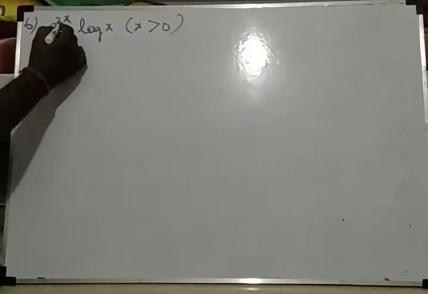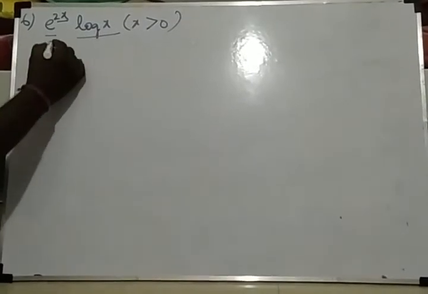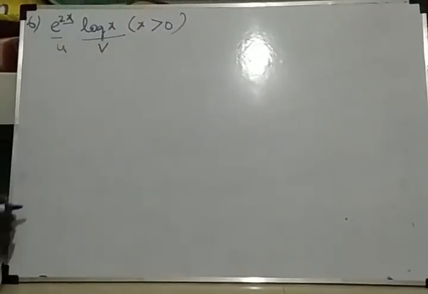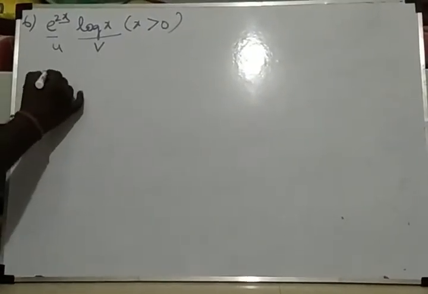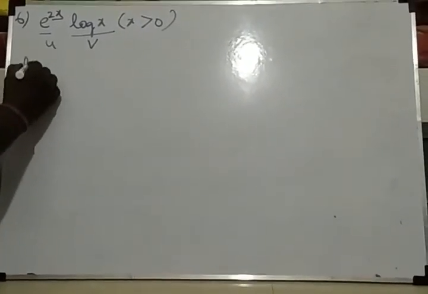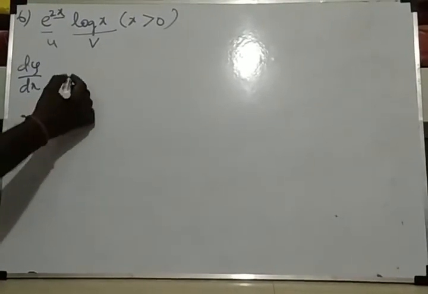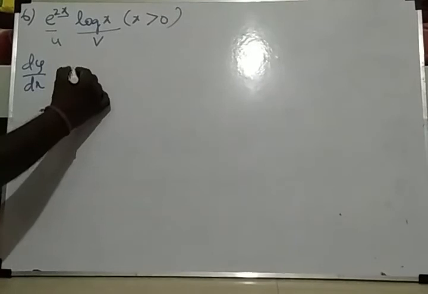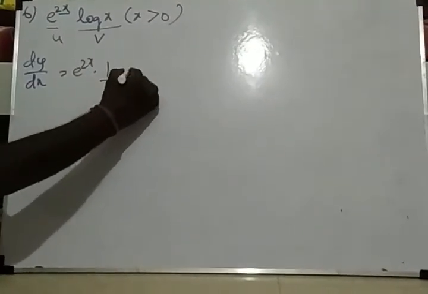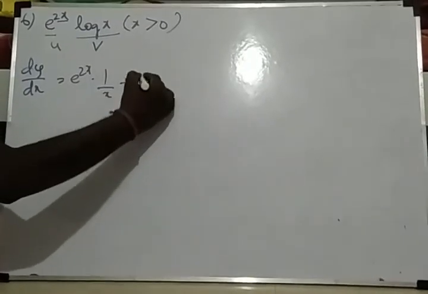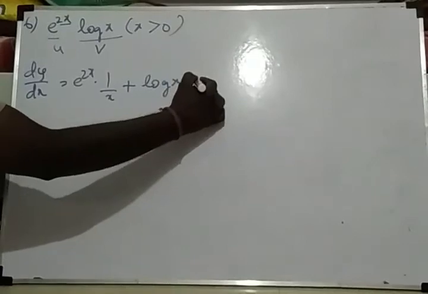See next sum. Here there is e to the power of e function and then log function, and the 2x is kx. So we have to use chain rule here, which is dy by dx equal to, we will keep it as it is, e to the power of 2x into 1 by x plus log x into, now chain rule, ex is ex, e to the power of 2x.